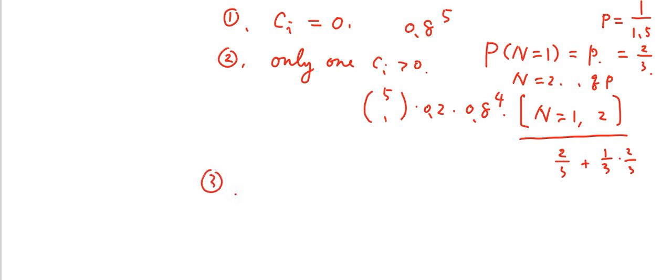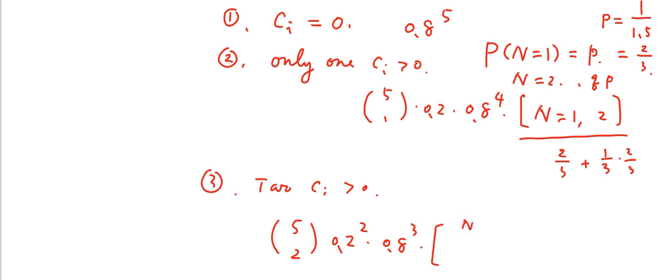Okay, the third case is that we have two Ci larger than 0. Which two? From 5 we pick 2 people who have a cost, with probability 0.2 each. The other 3 have no cost, 0.8 each.